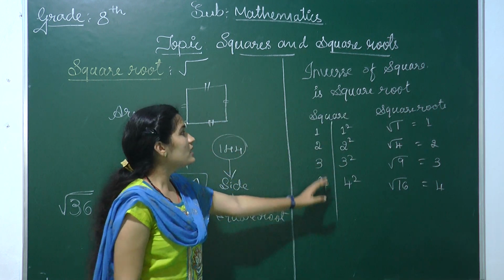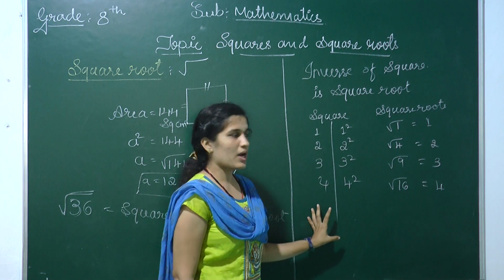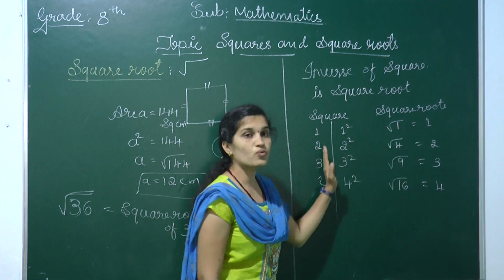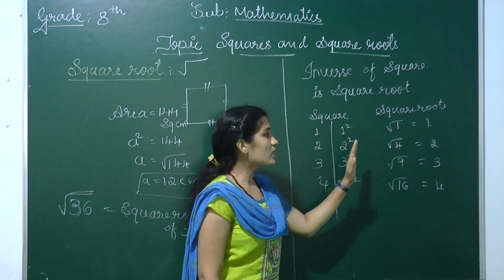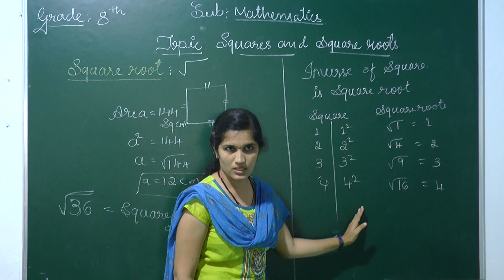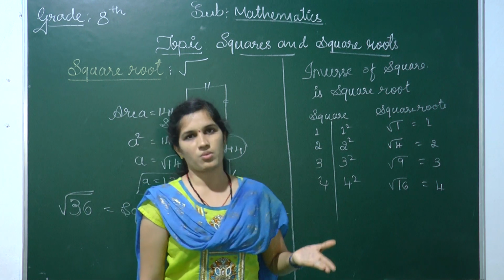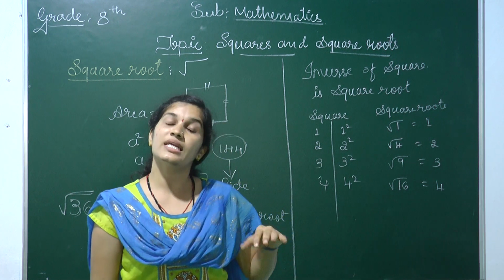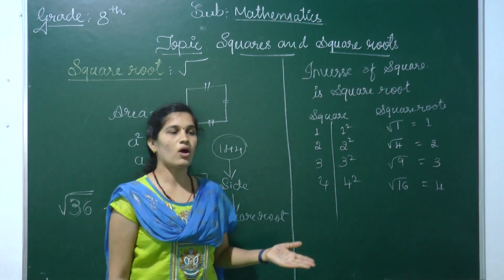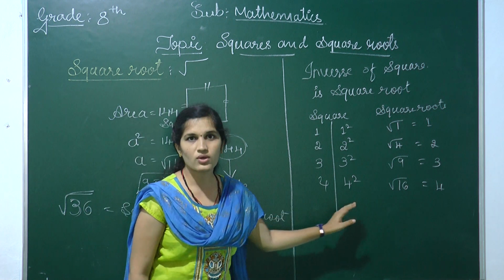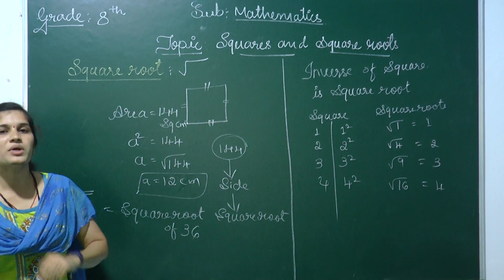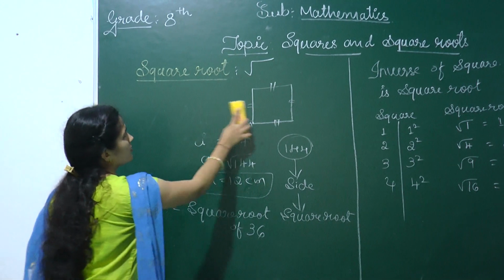Got it now? Here I have shown how to find the square roots of the given square numbers. That is, the square root is nothing but the inverse of the square. Now, there are two methods of finding the square root.